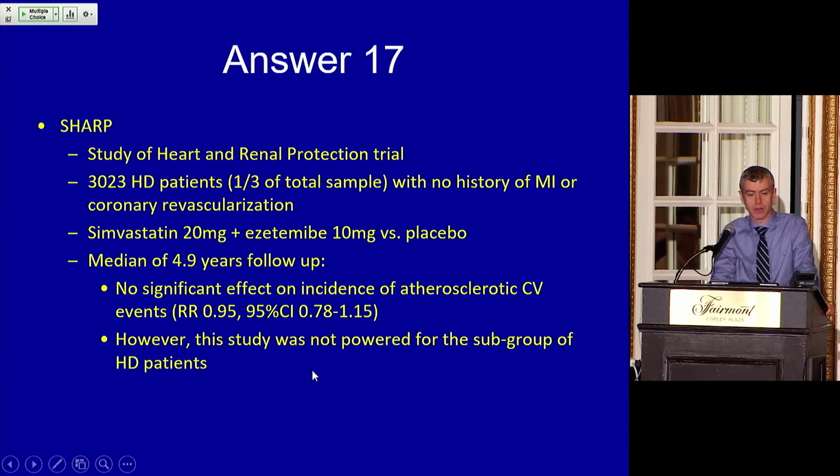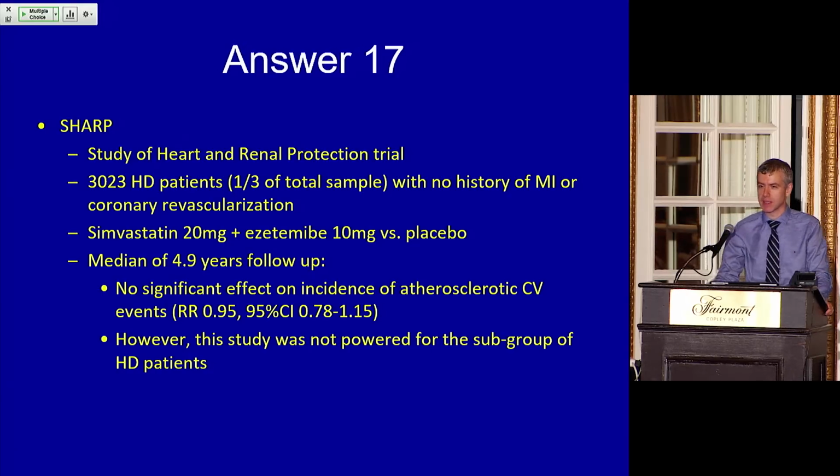Third study to be aware of is the SHARP study, the Study of Heart and Renal Protection trial. This was a large study of both CKD and dialysis patients, about 2/3 with CKD and 1/3 on dialysis. Of the dialysis subgroup, which was, again, 1/3 of the total sample, these patients had no prior history of MI or coronary revascularization. Doesn't mean they didn't have coronary disease, but at least they didn't have an MI or revascularization before participating in this study.